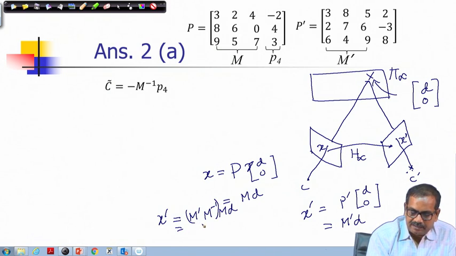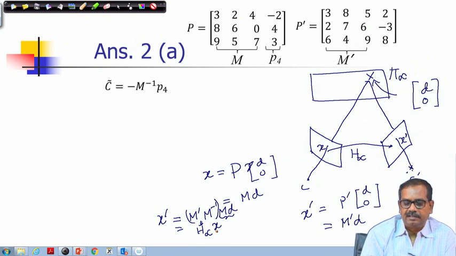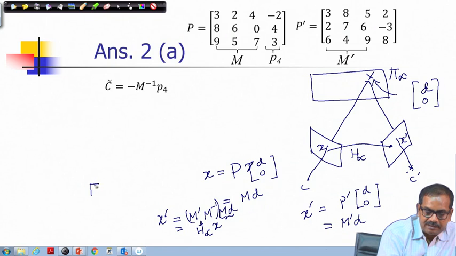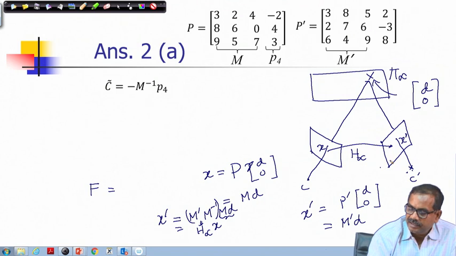So, this can be considered as a 3 cross 3 matrix H infinity, and M d is x. So, you find there is a homography between these corresponding points. So, this is what we will be using here in this case, because we know that the fundamental matrix can be considered if I know the right epipole here.